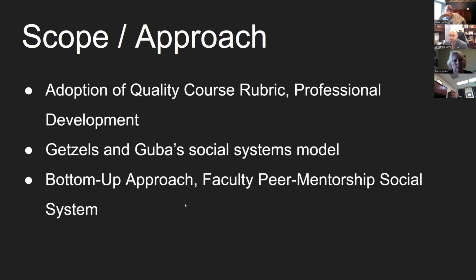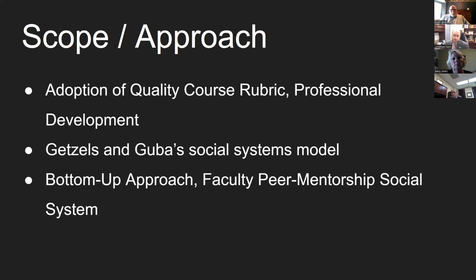I wanted to touch on the scope and approach to this project, which involved the adoption of a quality course rubric and a professional development plan around that. And I'm going to skip to the bottom there, incorporating the bottom-up approach into this professional development.